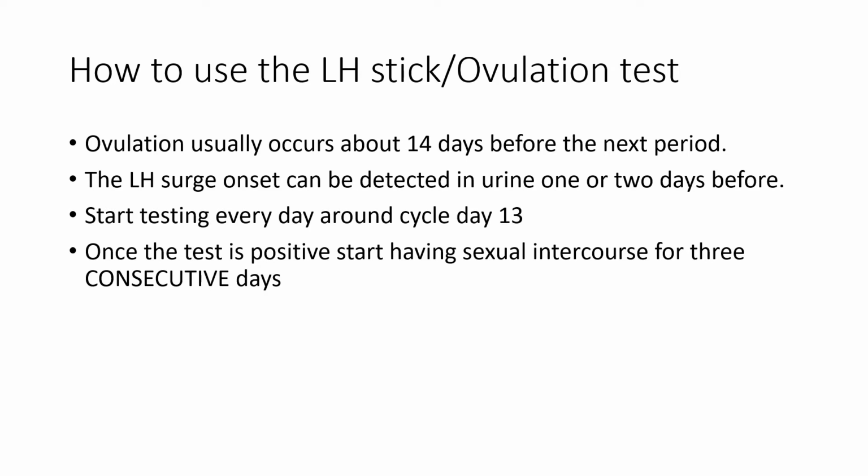But once it's positive, tell them to start having sexual intercourse for 3 consecutive days. You must also clarify that they should feel free to have intercourse whenever they want during the rest of the cycle.